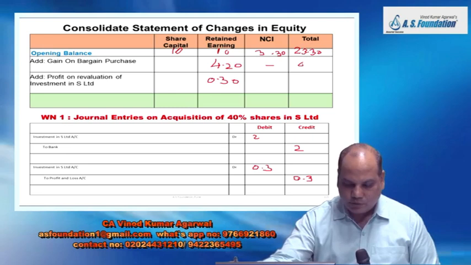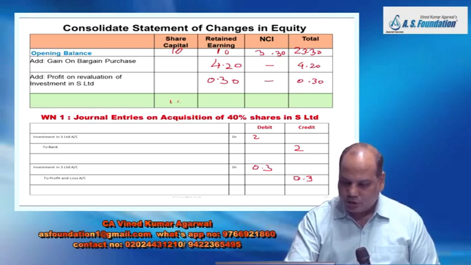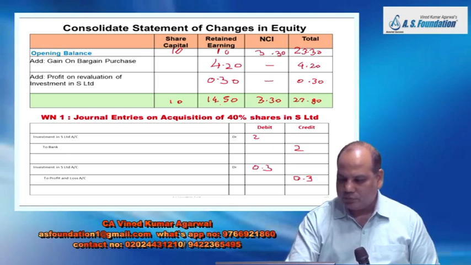Gain on bargain purchase total line 4.20. 0.30 in the last column. 10. Retained earning total 14.5. NCI total 3.3. Total column 27.80.